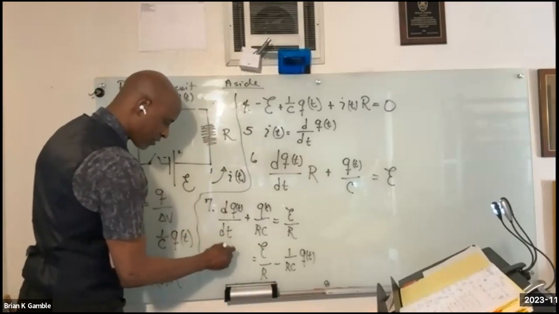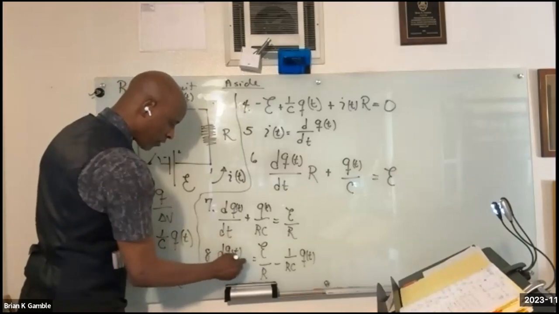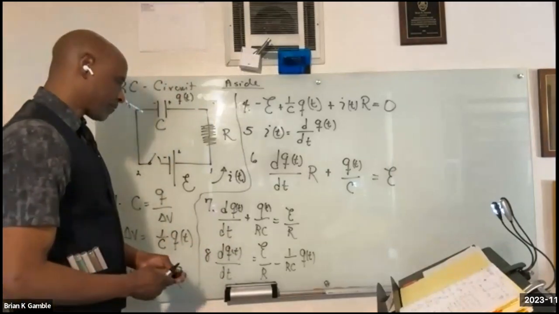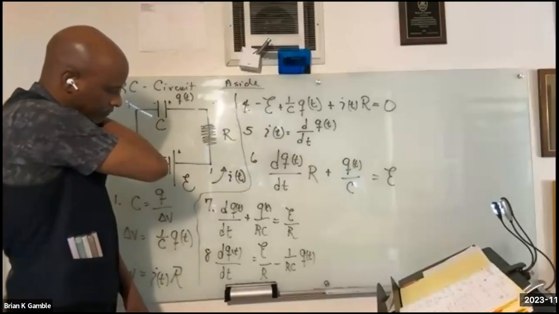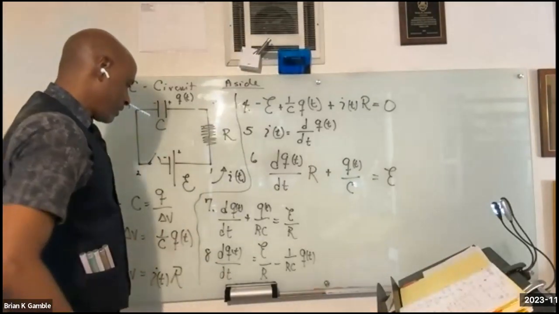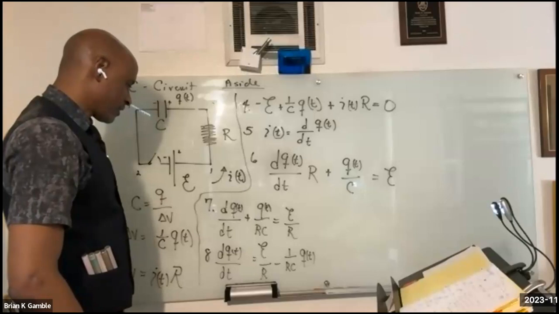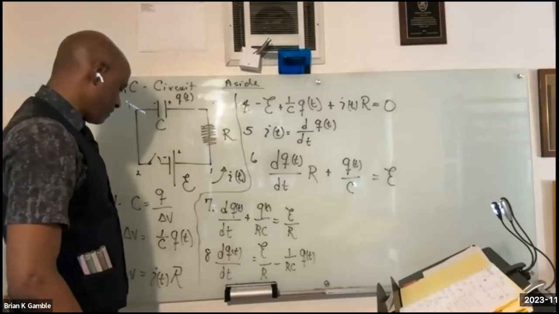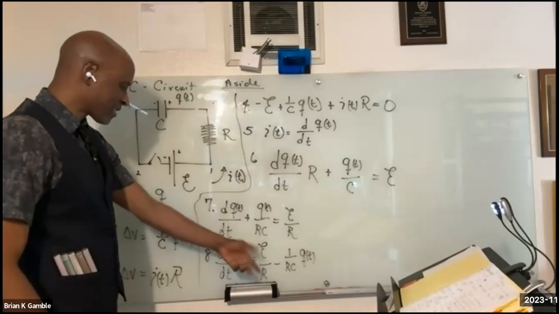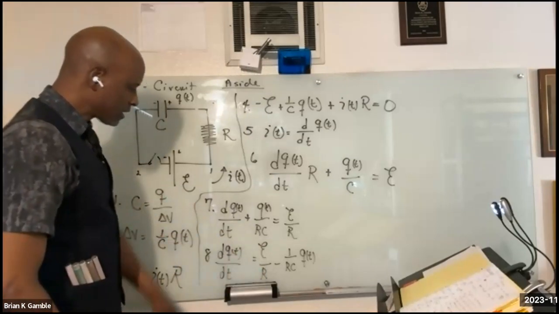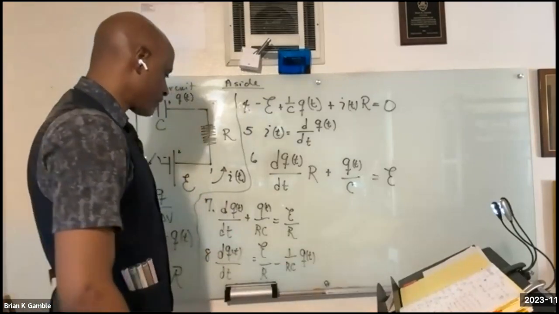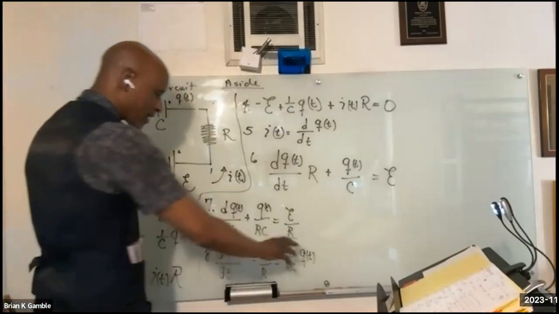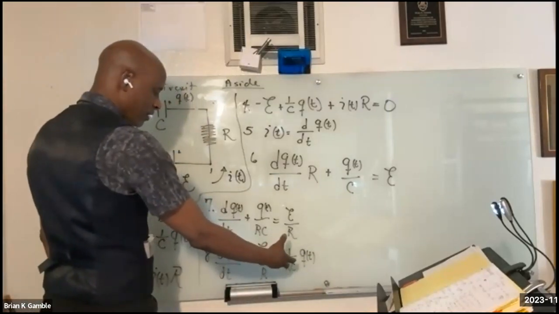This is actually dq of t over dt. And if you look here, this has units of current, so that's kind of charge stuff. And this actually would have units of current as well if you worked out the units. So this is kind of like charge stuff, change in charge.